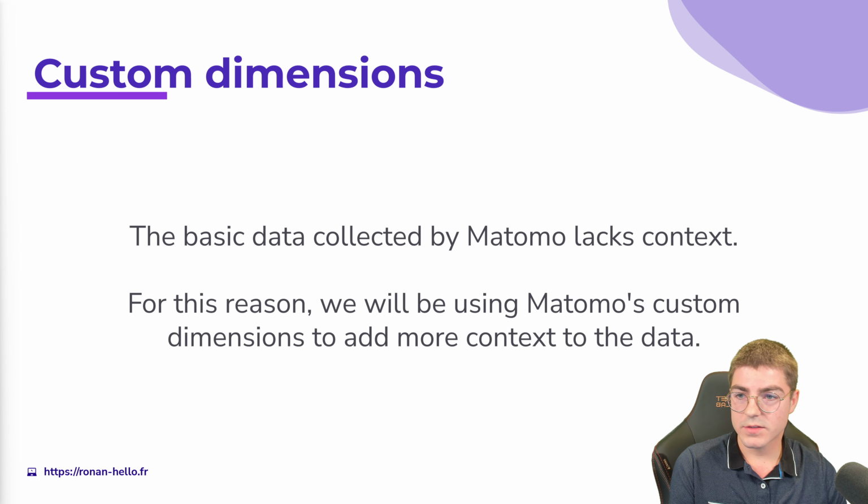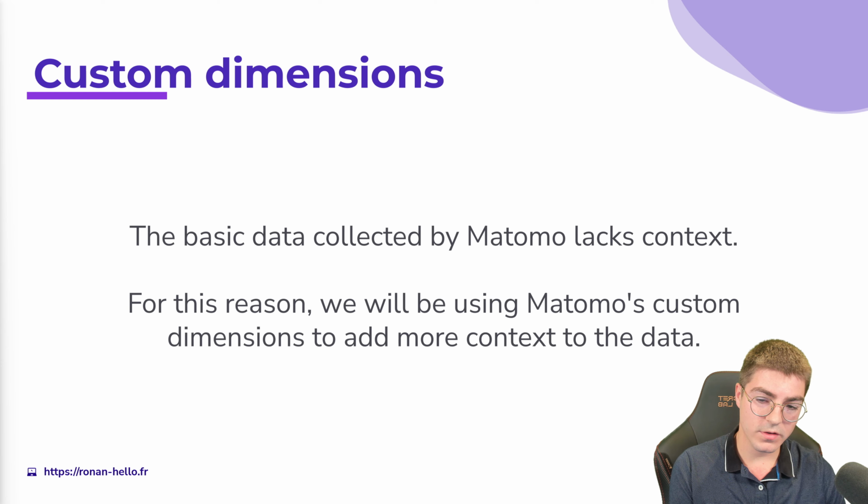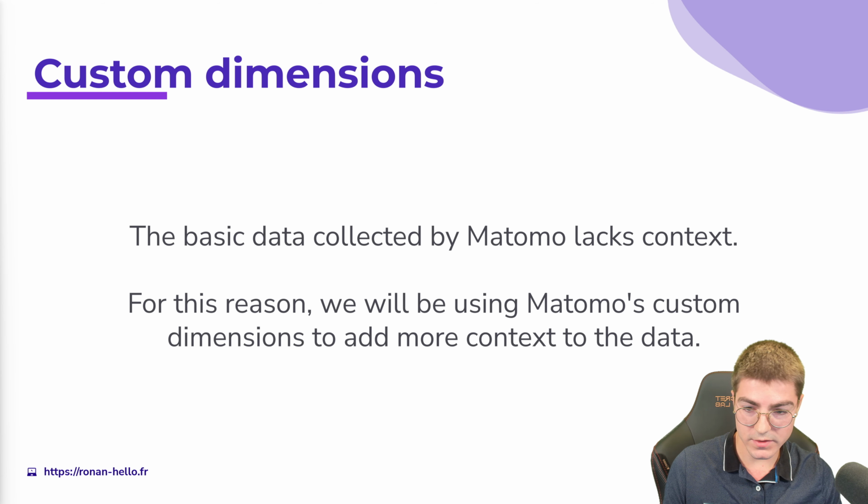Another huge part that will be really interesting to add context to Matomo is using custom dimensions, because the data that Matomo collects basically lacks context, and for some reason we are using Matomo to add this context to the data.